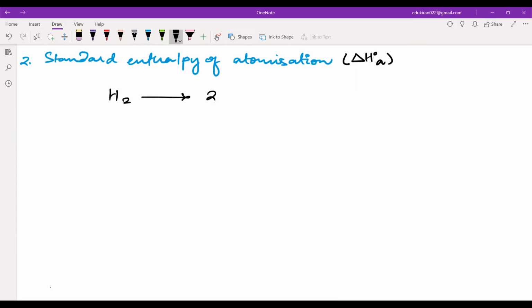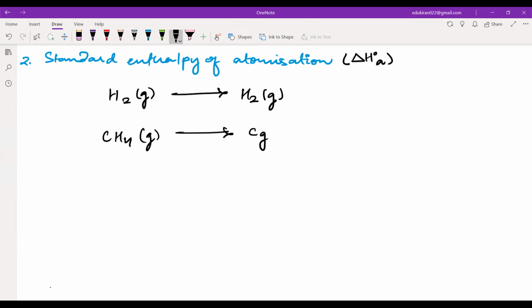It is going to give you H2 gas. If you have CH4, it is going to give you carbon in gaseous form plus 4 hydrogen also in gaseous form. If you have sodium solid, that will be given to you in sodium gas form.